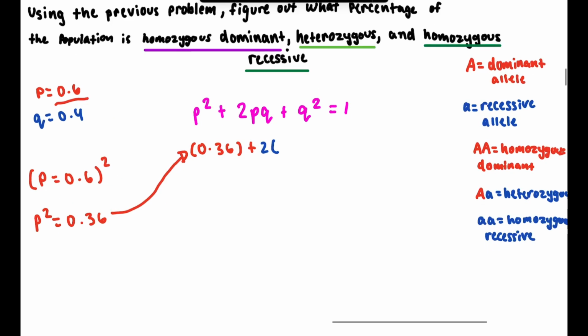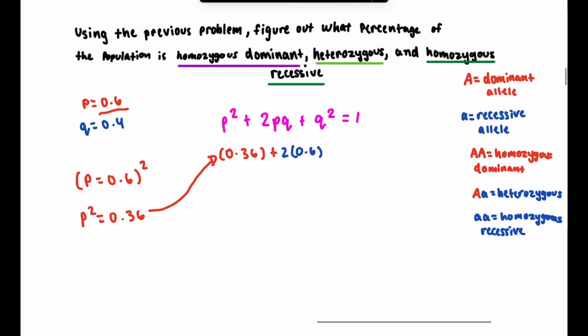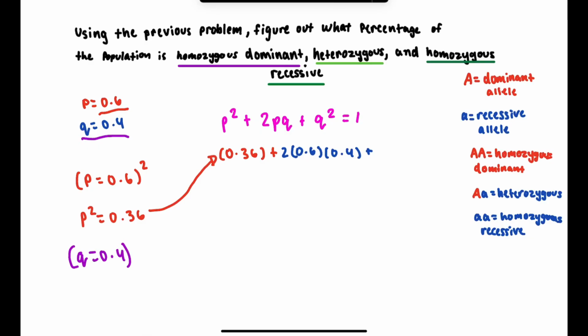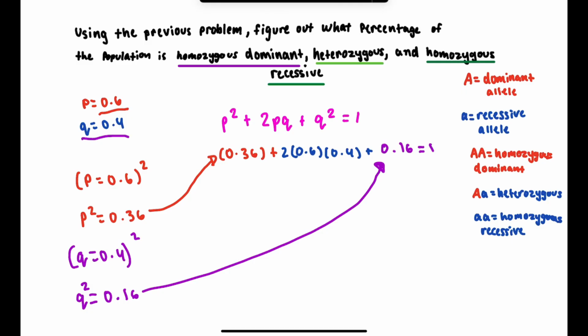We know that p is equal to 0.6, and we know that q is equal to 0.4. Now for our last number in our equation, we want to get q squared. So in order to get q squared, you're going to do q equals 0.4, and you're going to square both sides. So q squared will equal 0.16. And you'll sub that into our equation over here and have this equal 1.